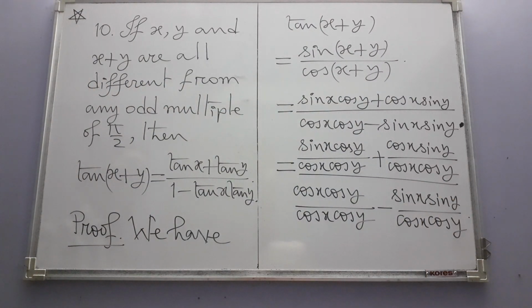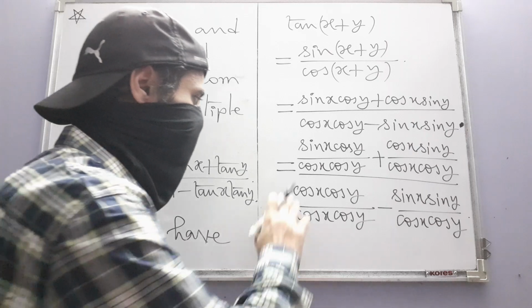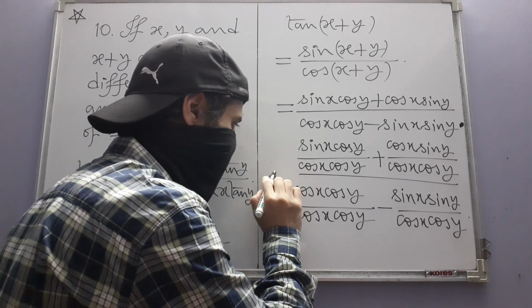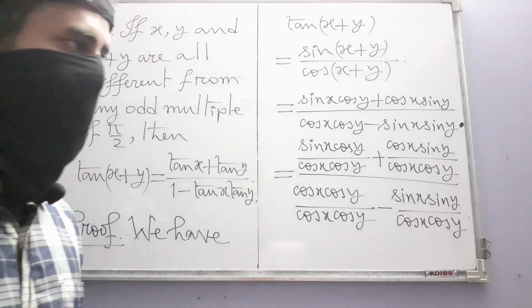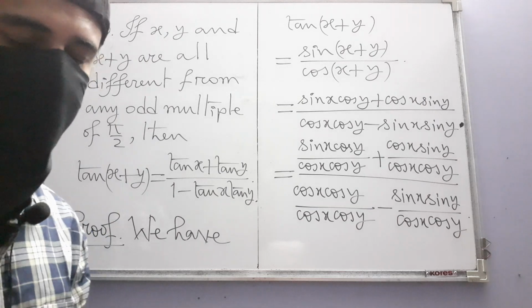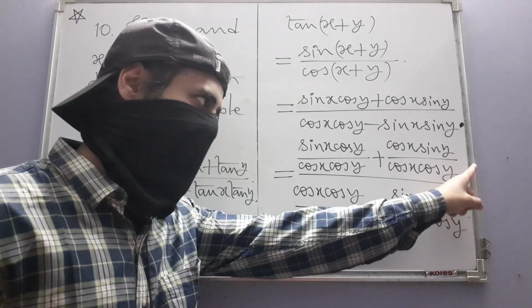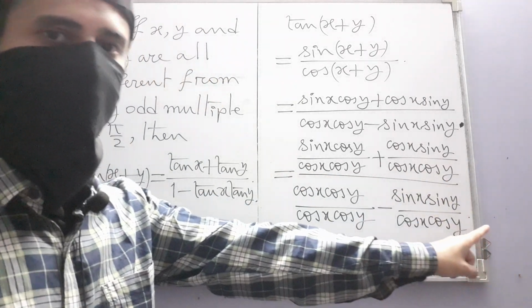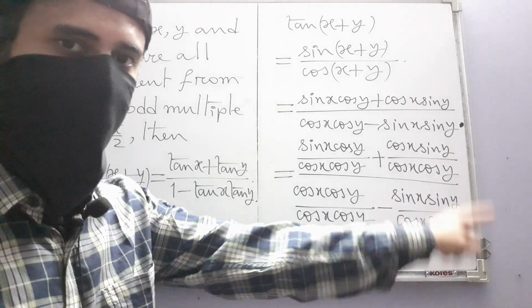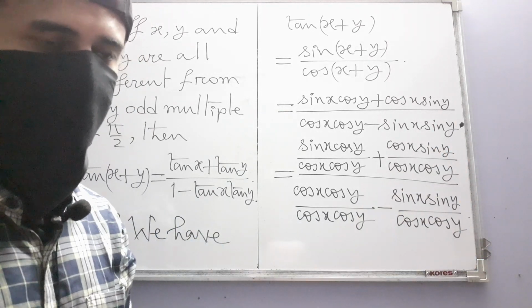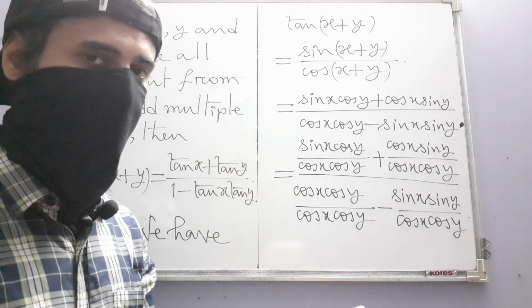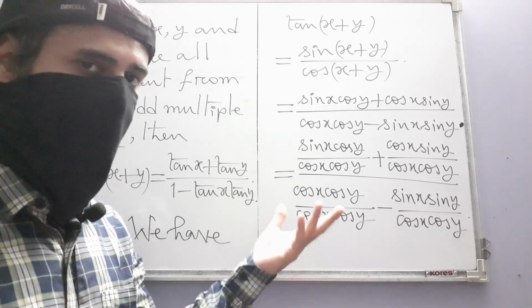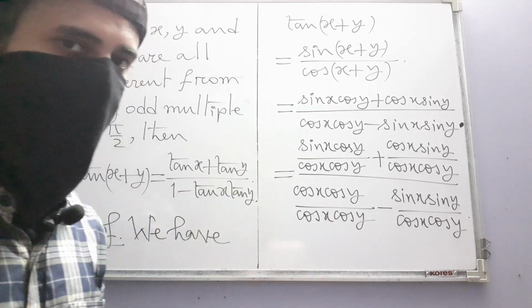Actually, truly speaking, if you want to do things rigorously, you have to write all the reasons alongside the steps. You write here beside this step that we have divided the numerator and denominator by cos x cos y, and the justification that it can be done because cos x and cos y are both not 0.